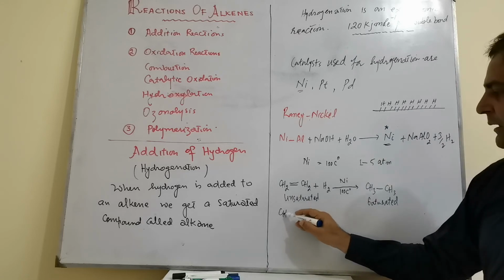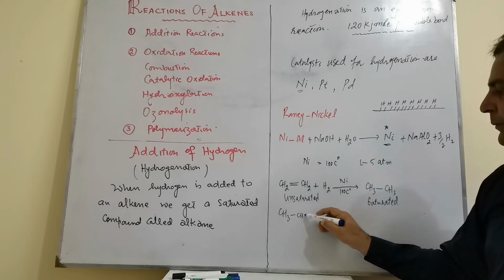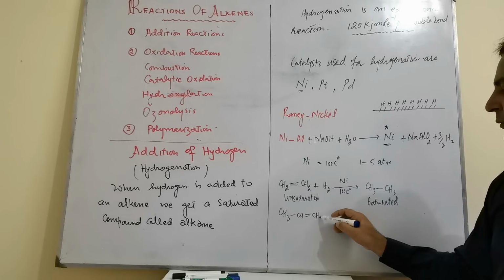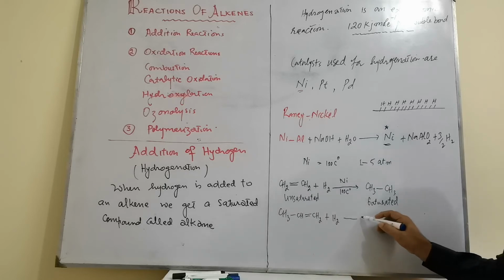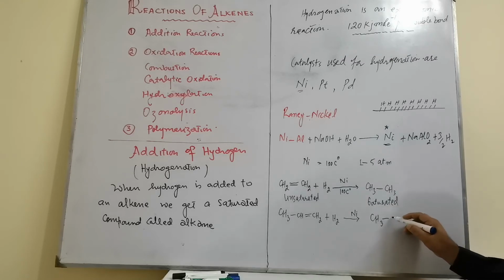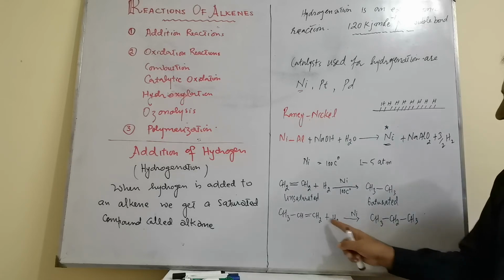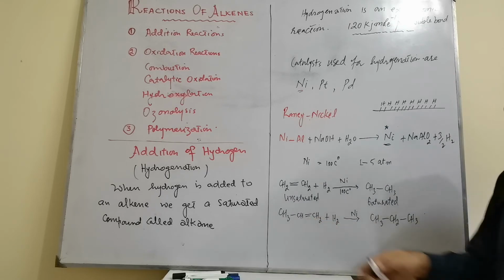Now all the bonds of carbon are occupied by atoms. Okay, now we take propene, and again we add hydrogen to it in the presence of nickel. We get another alkane, that is a saturated compound. This hydrogen is added at this double bond.